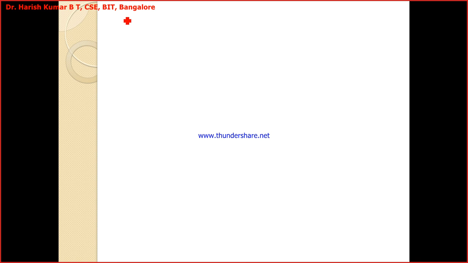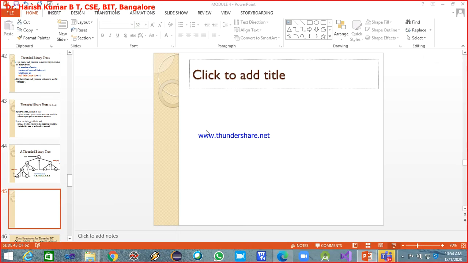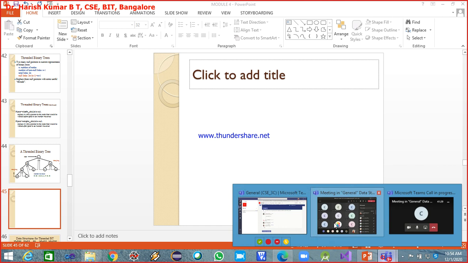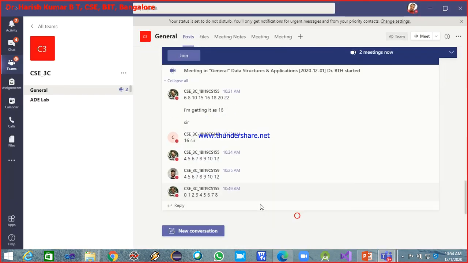Have you people written it? One of you can unmute and tell me, because I want to write here. Okay, it's there in the chat. This one: 0, 1, 2, 3, 4, 5, 6, 7, 8.